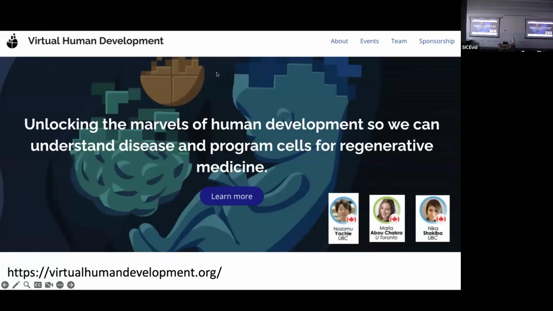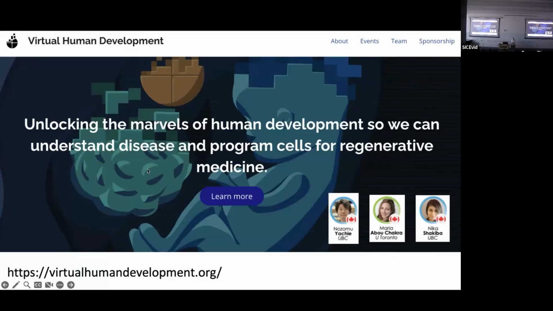This is an open project that anyone who is interested in modeling human development can join, and they have been able to connect with dozens of labs around the world. I think James Glazier's lab is participating, and it's open for anyone who's interested.